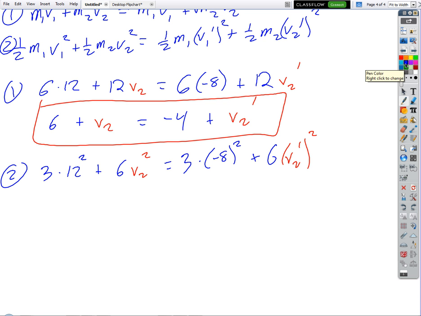We divide everything by 6, and what are we going to get? 3 times 12 squared divided by 6 is 72. Oh, I divided by 3. Whoops, I should divide by 6. Yeah, you're right.